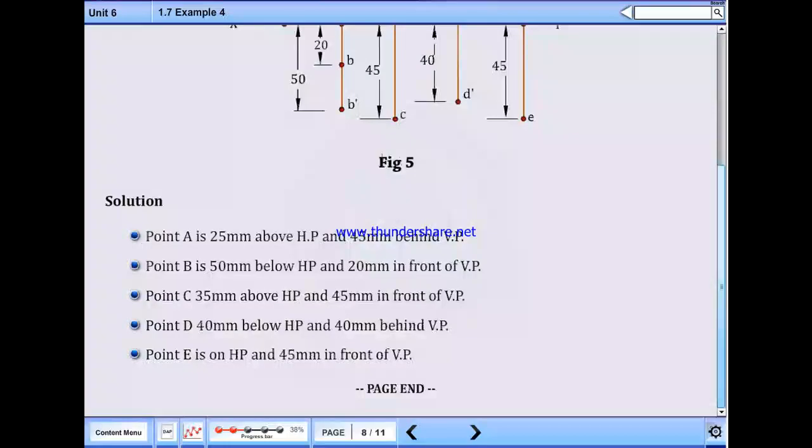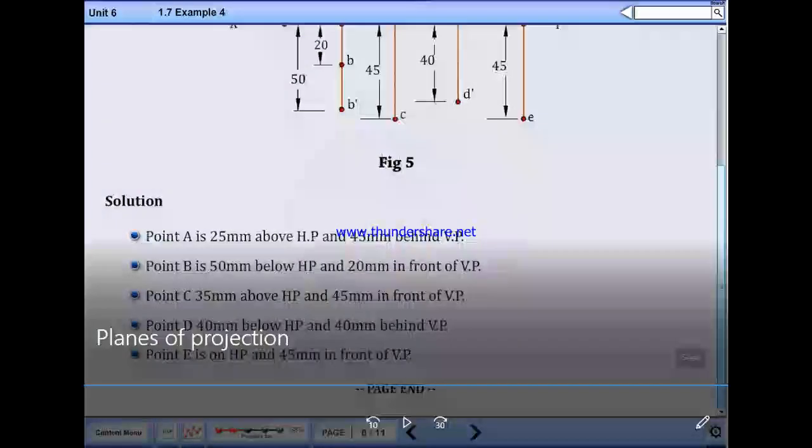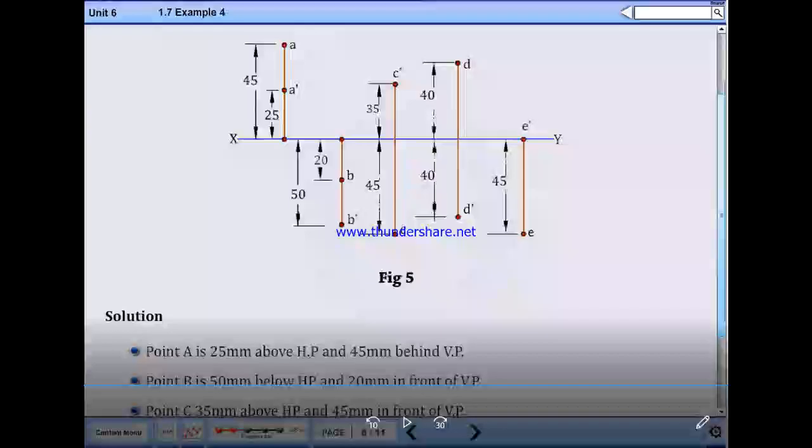Point C 35 mm above HP and 45 mm in front of VP. Point D 40 mm below HP and 40 mm behind VP. Point E is on HP and 45 mm in front of VP. So like this you may analyze the solution of the fourth problem.